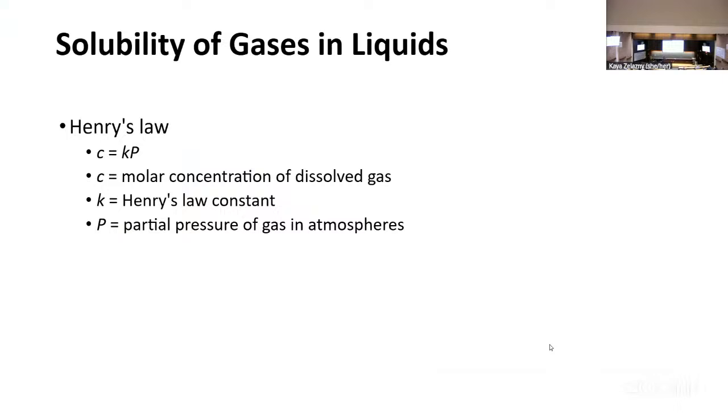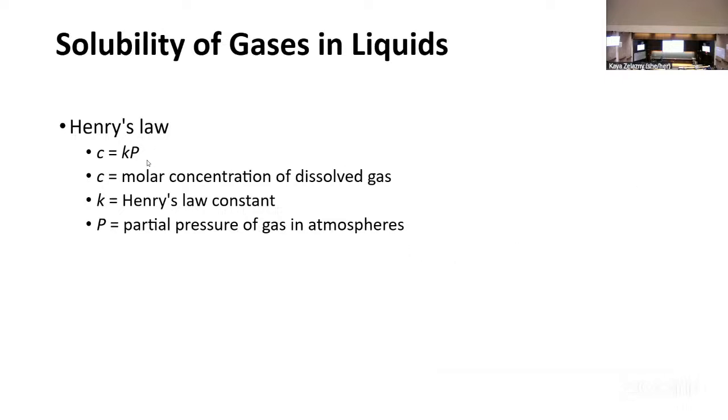So how much of the gas goes into the blood, or comes out of the blood, is dependent on solubility. And we can measure this using something called Henry's law. Henry's law is C equals kP.